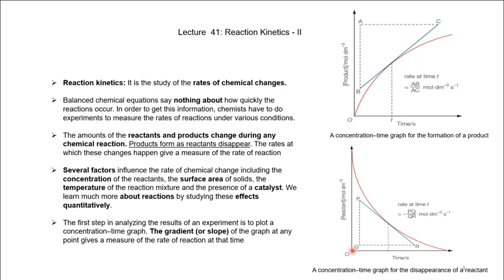Similarly, if we draw a graph with the reactant against time, we can find out the rate of reaction at a particular time by drawing a tangent at this point. That is what we call a concentration time graph for the reactant, and a concentration time graph for the formation of the product.